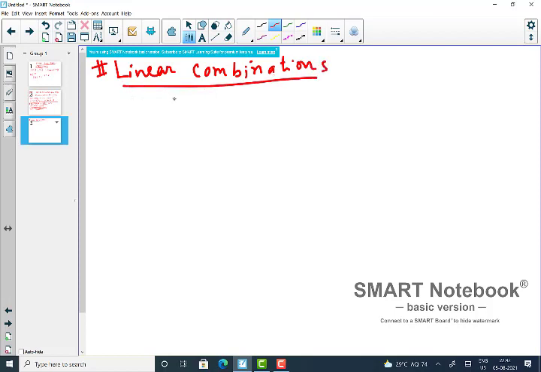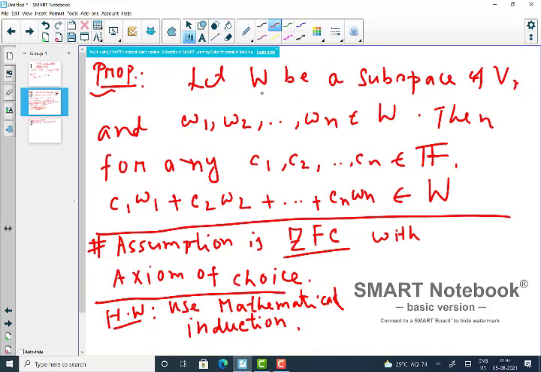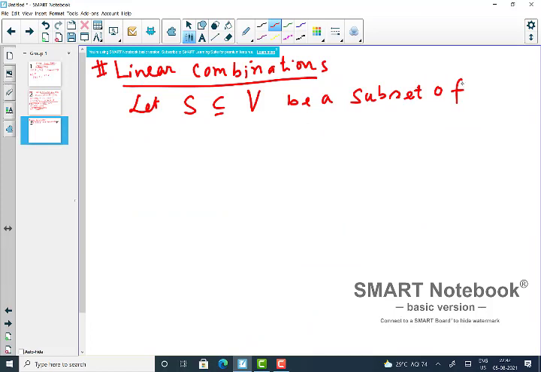You have a vector space V and some subset, say S, a subset of V. I did not say it is a subspace. In the last theorem this was a subspace, but here I am just saying subset of V.